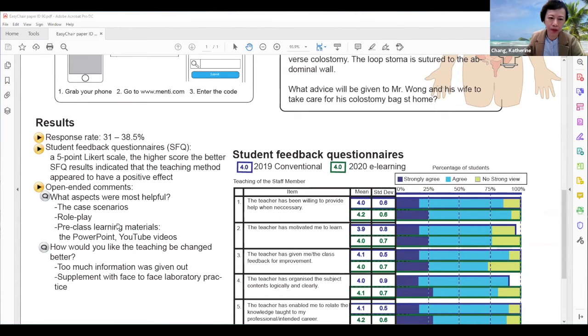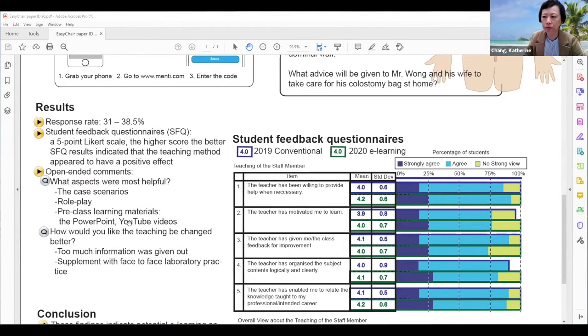They valued the case-based practice through online learning, and it was helpful to their learning, especially given the lack of clinical experience of this group of students. The case scenarios were adopted from real clinical cases. They would also like to have more sharing from the laboratory facilitators on real clinical experience.